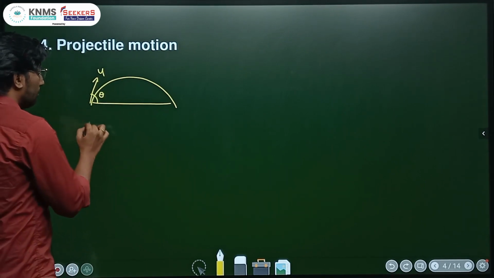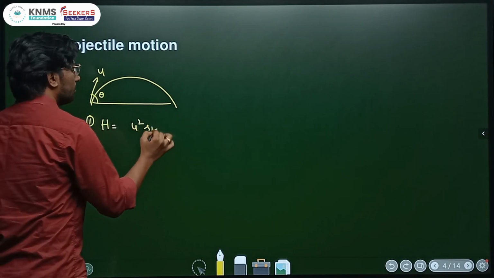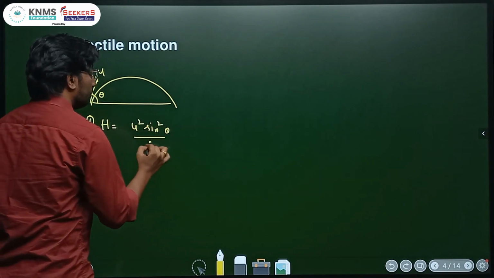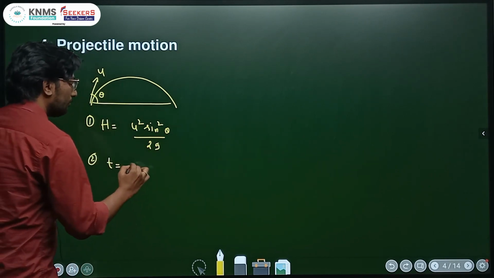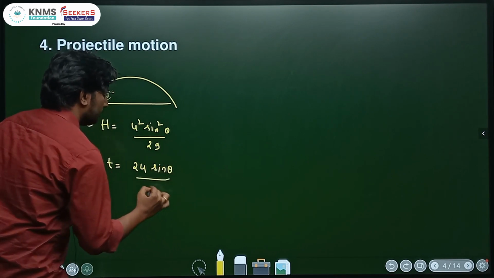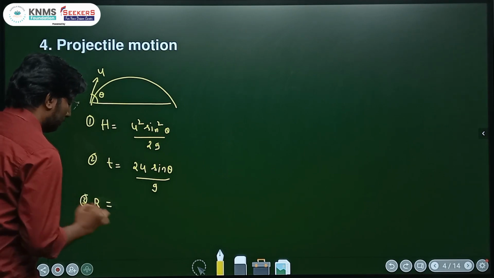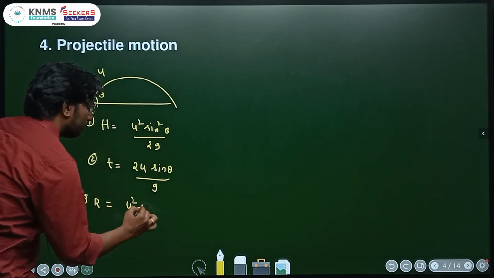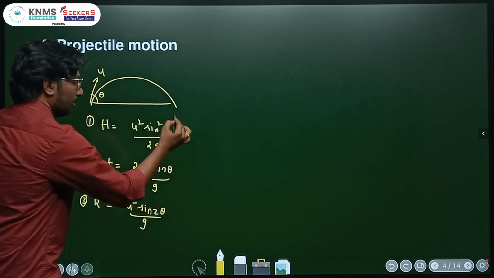The maximum height equation will be u square sine square theta by 2g. Time of flight equation will be 2u sine theta by g, and range equation will be u square sine 2 theta by g.